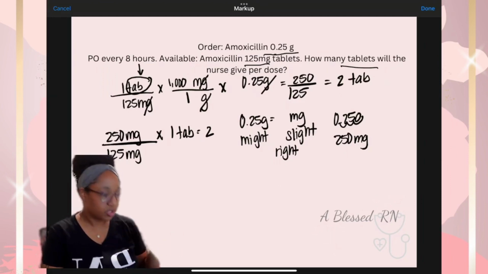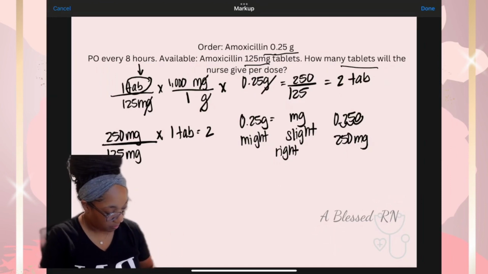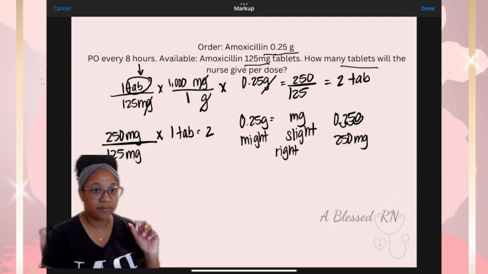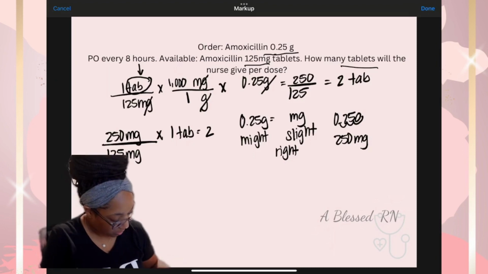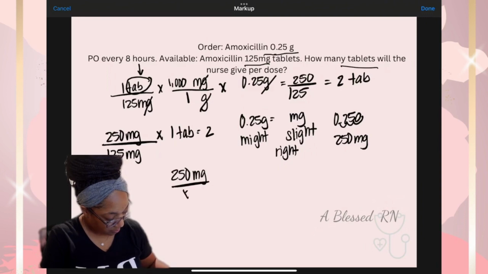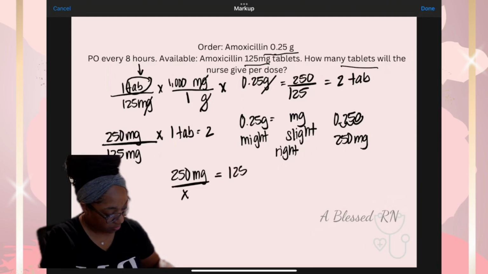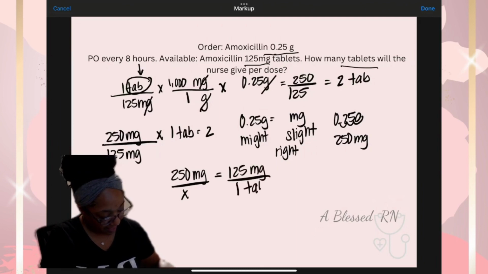Oh, ratio and proportion. With your ratio and proportion, make sure you have your units and your volume or whatever lined up. So 250 milligrams over X because we don't know how much to give, and then you have 125 milligrams over 1 tab.